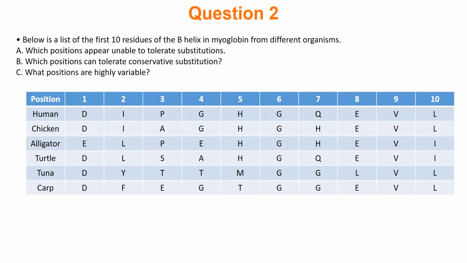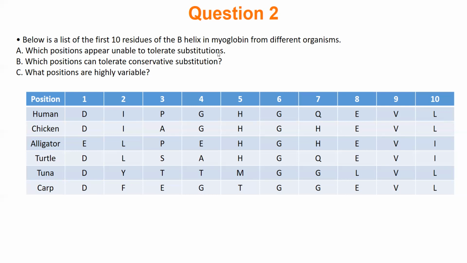I want you to tell me which positions can't allow substitutions, which ones allow conservative, and which ones allow highly variable substitutions. Here I have a big long poll, so you can tell me at every position which category you think it is. If the poll gets in your way, feel free to minimize it, answer it, and if you click the poll button again, it should pop it back up for you.